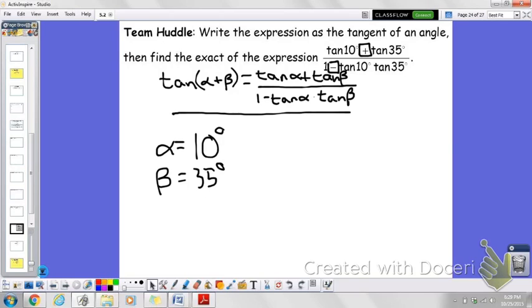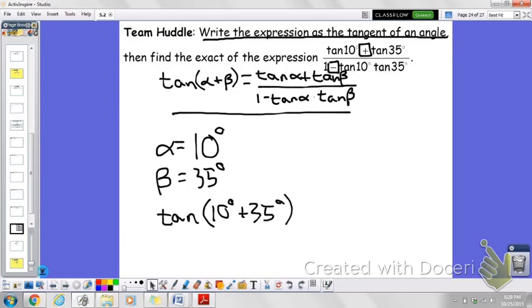So we can write this as the tangent of 10 degrees plus 35 degrees. That answers the first part of the problem, writing the expression as the tangent of an angle. We wrote it as tangent of 10 degrees plus 35 degrees, which is equal to tangent of 45 degrees.